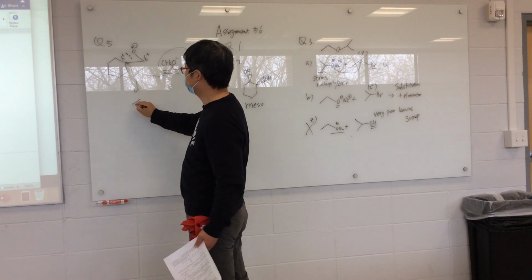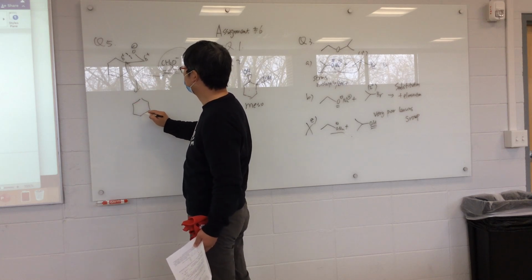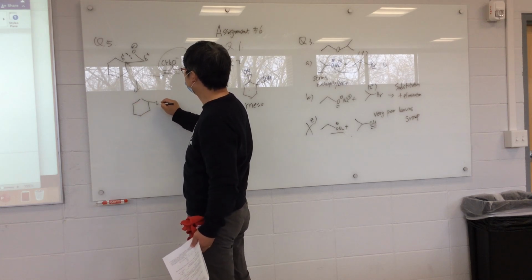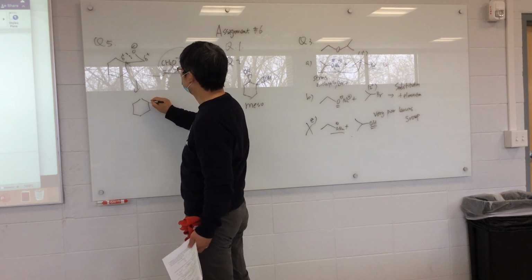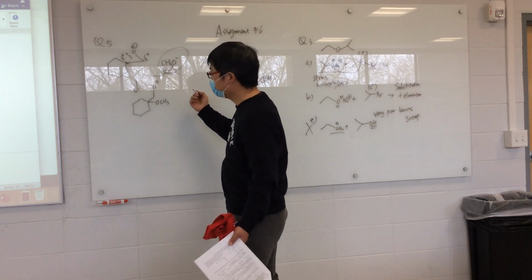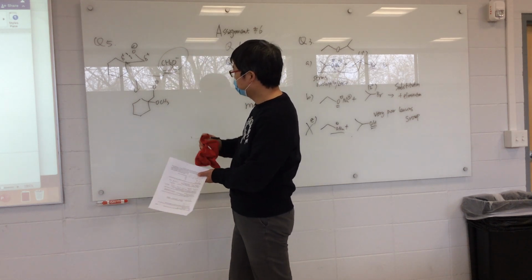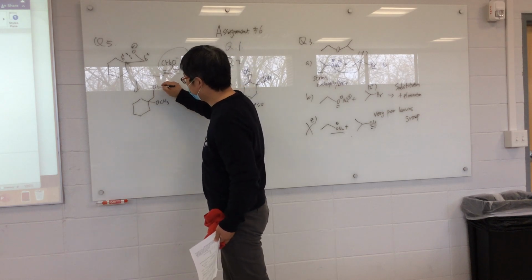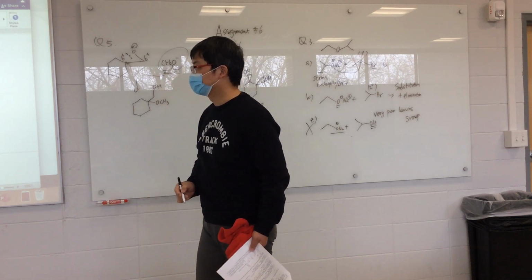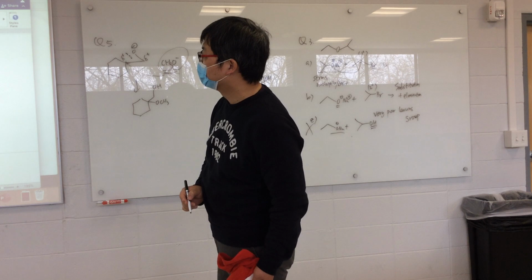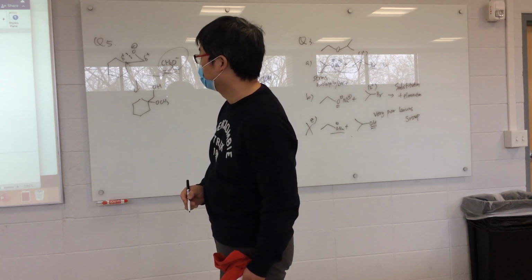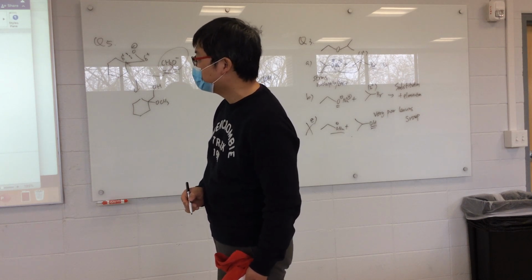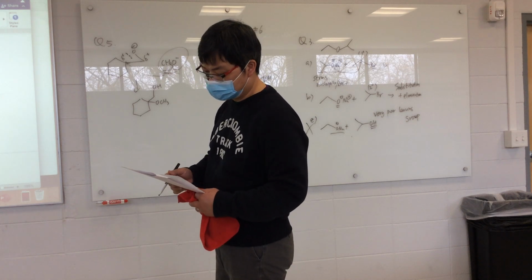And then what we can get is this. Negative. And then it's in acid condition, right? This negatively charged oxygen can easily grab one proton. So the answer should be C, the third one.